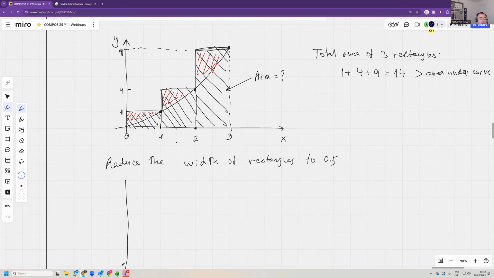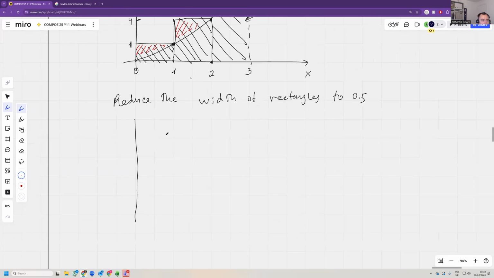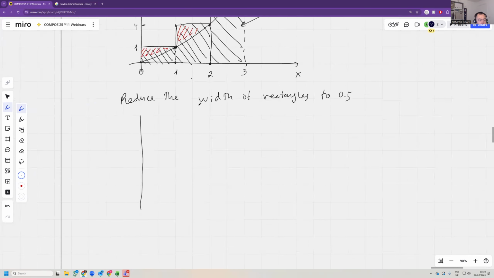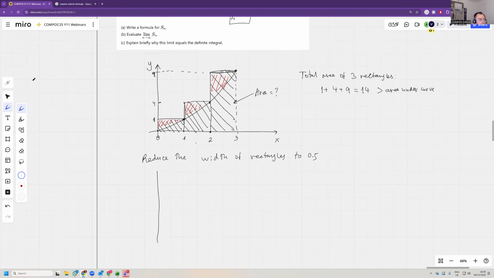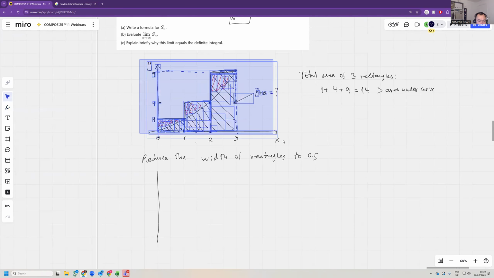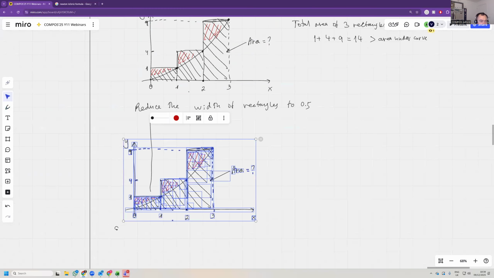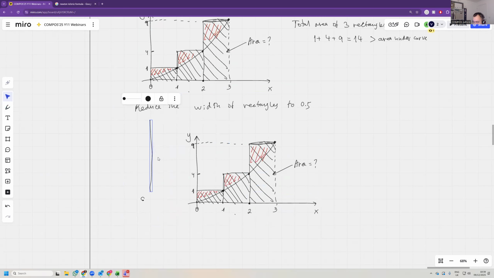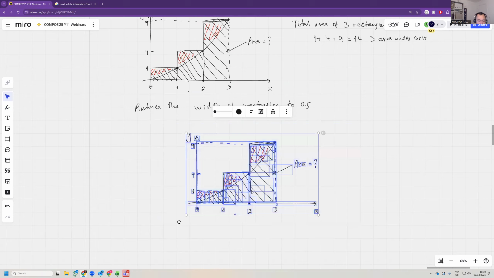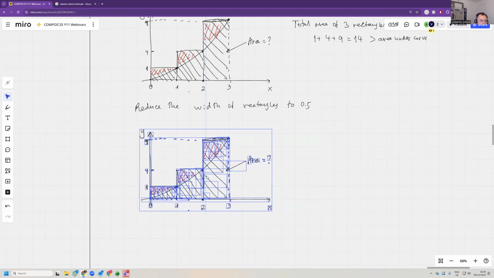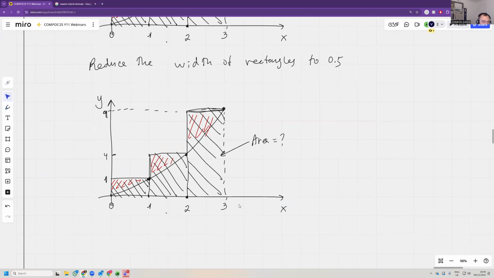To be consistent, I'm going to redraw it. I'm going to copy it, for consistency, and remove the unnecessary bits.